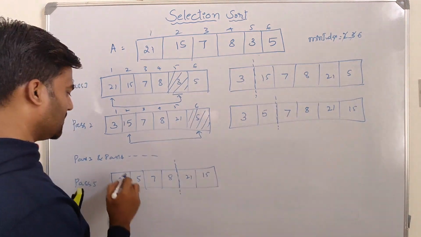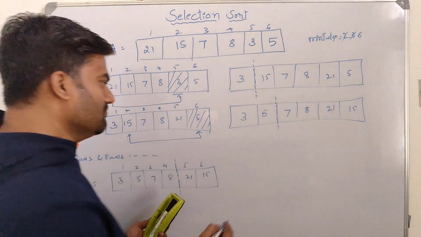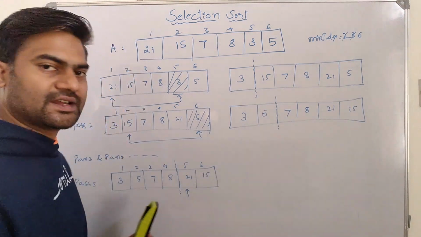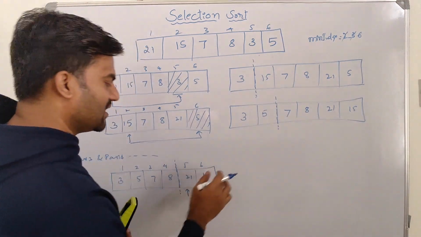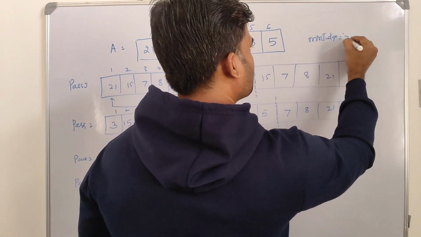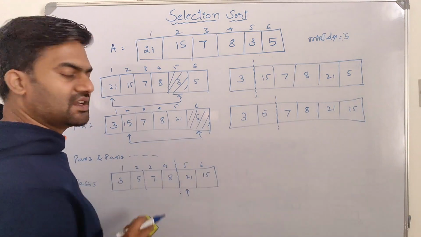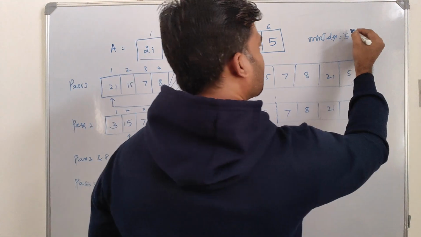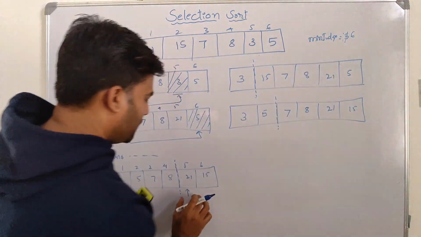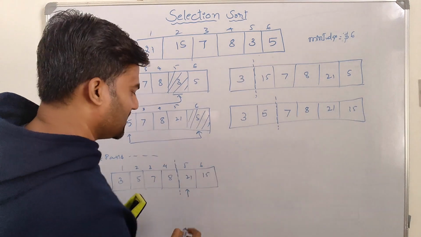Now we have two elements remaining. Now I'll keep my pointer here and I'll compare with the remaining elements. So now my minimum index is 5. So I will check the remaining element, which is 15. It is less than this, so I'll update this. So now at the end of the scan, I got the minimum element, which is at index 6.